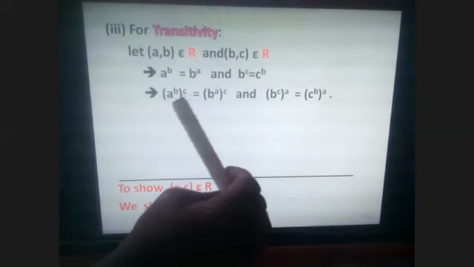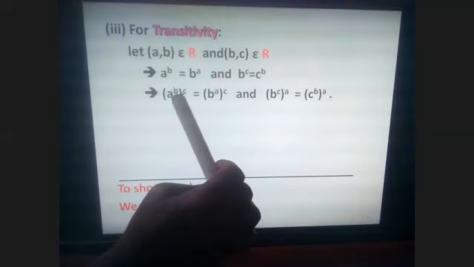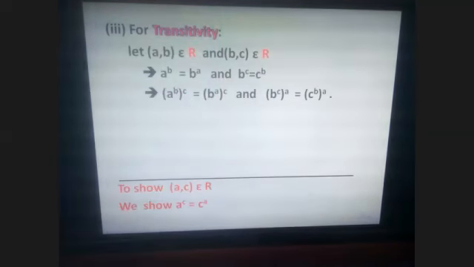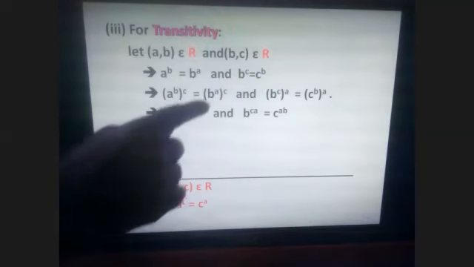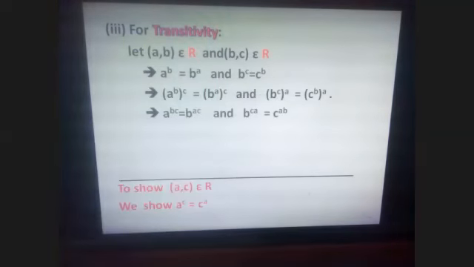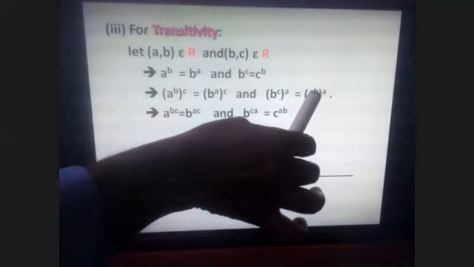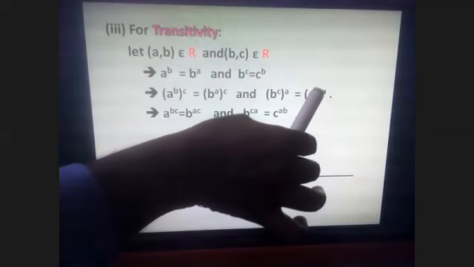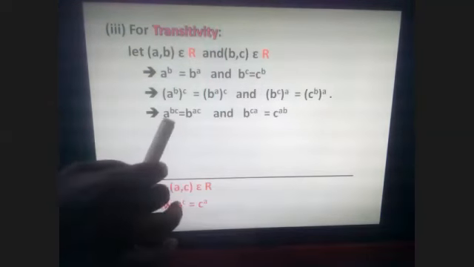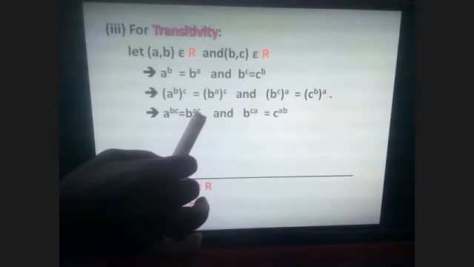What is the advantage? When I raise the power by C here, I get A raised to BC equals B raised to AC. And here it is B raised to CA equals C raised to BA. That means A raised to BC and B raised to AC are equal.